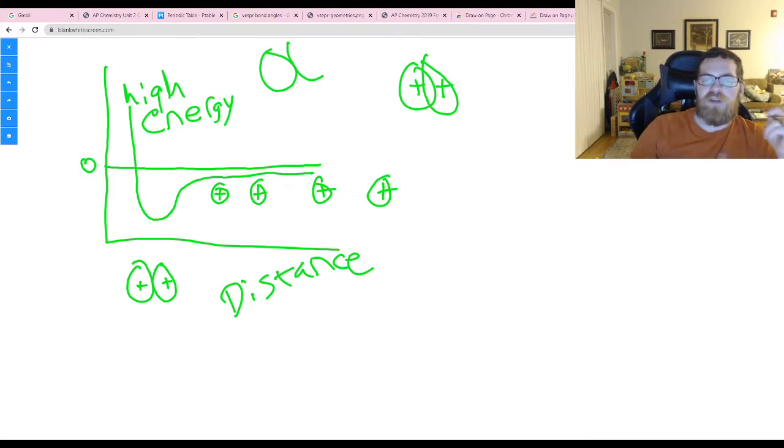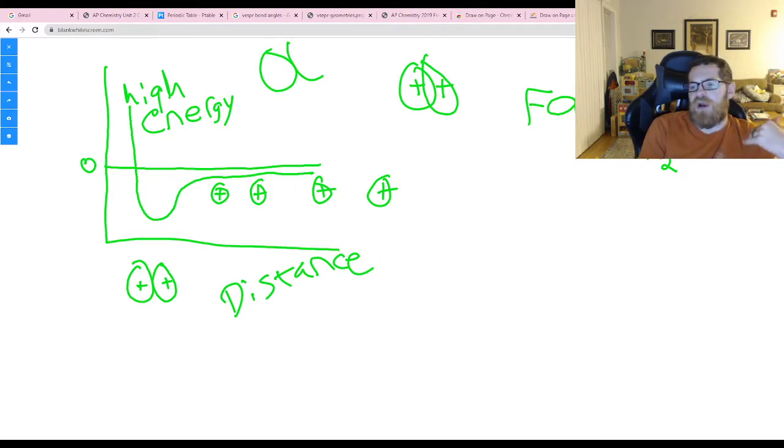This all comes down to Coulomb's law, that law I talked about the other day. So remember, before I left, force is proportional to, this sign means proportional to, charge 1 times charge 2 over r squared. We'll ignore the k value because we're not going to do math with this.